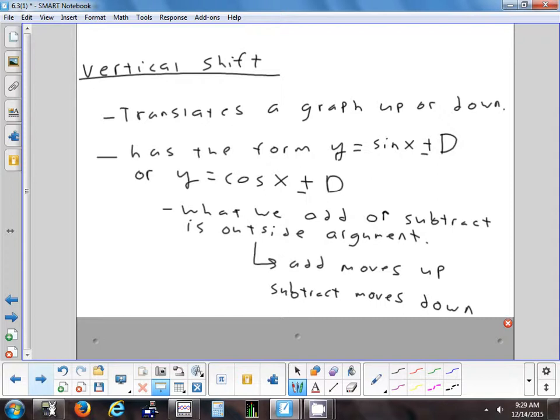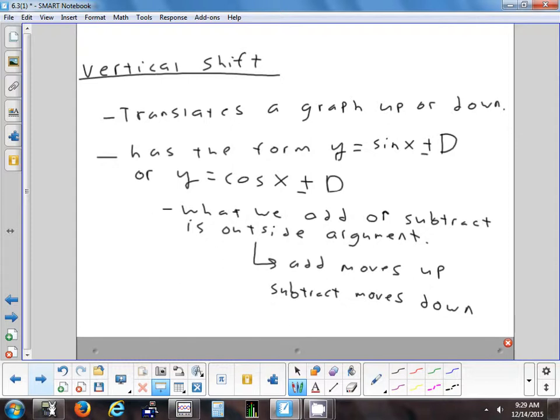Okay, so this time no parentheses around the x and the d. And generally d is a nice number. So we may shift it up by 1 unit, 2 units, 5 units. Okay. We usually use whole numbers. And what you would expect to happen is what happens. Add is going to move it up. Subtract is going to move it down.